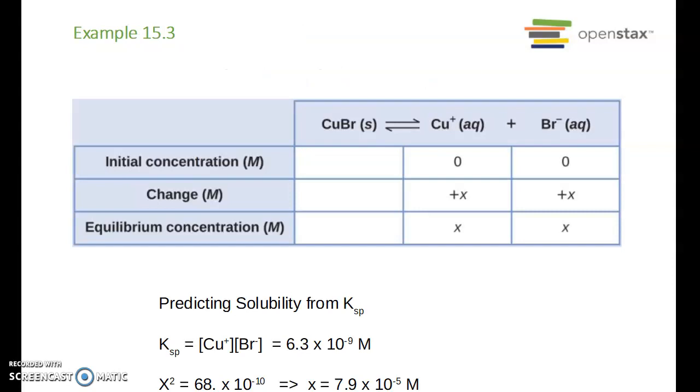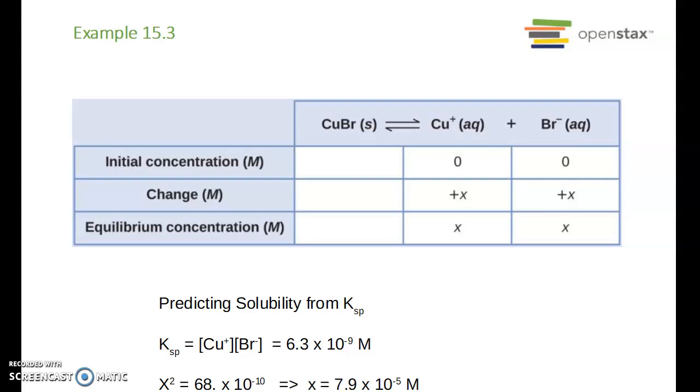In this one right here, you've got copper bromide forming copper ions and bromide ions in solution. The initial concentration of the copper ion and the bromide ion is 0. Once it's in the solution for a while, eventually you will reach the equilibrium concentration. So you can see from this equation here, I wrote out how you can predict that.